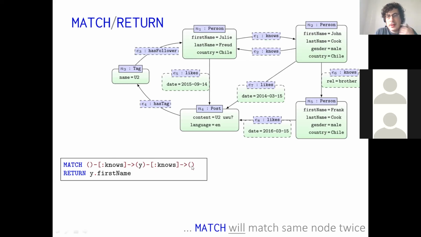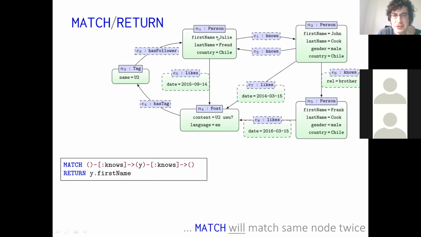So what about Julie? If we try to match Y to Julie, then somebody has to know Julie, which would be John. So we have John knows Julie. And what could this other node match to? If we have Julie here, well then Julie knows John, right? It's the only option. So what we'd have is John knows Julie knows John.